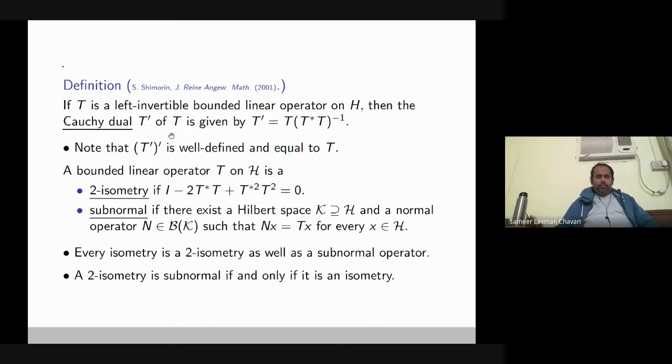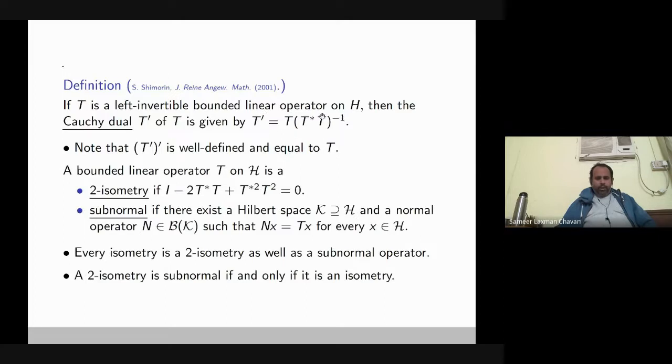So here also, for a bounded linear operator that is left invertible but not invertible, you can introduce an inverse which is not the full inverse. It is called the Cauchy dual, and it is given by T(T*T)^{-1}.